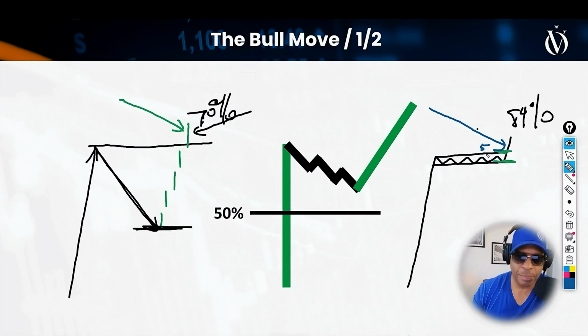All right. But in this scenario, when you're drifting downward, you're not buying here. Oh no. You're buying there.